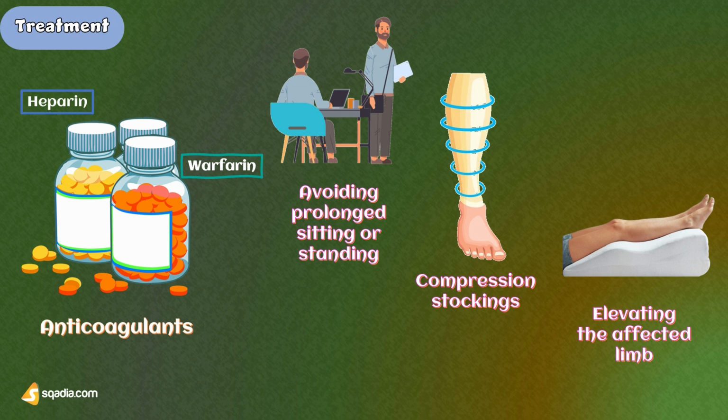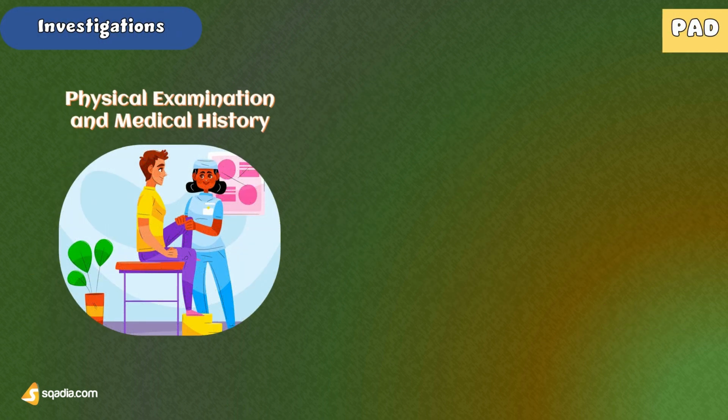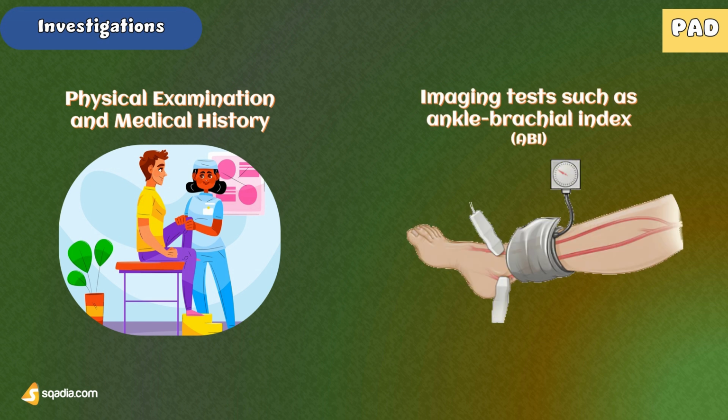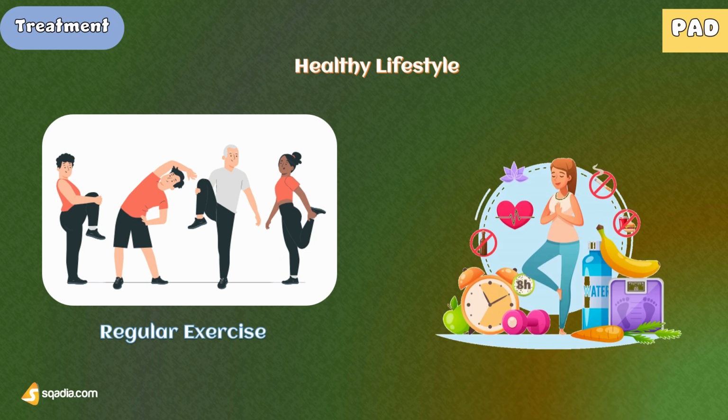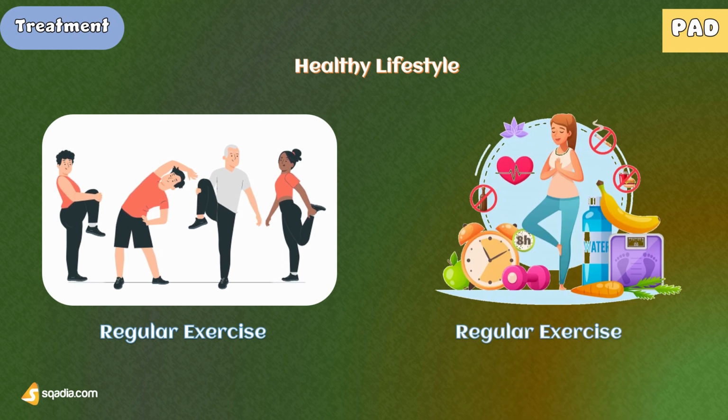On the other hand, the diagnosis of peripheral artery disease involves a physical examination, medical history, and various imaging tests such as ankle brachial index, ABI, and ultrasound. Treatment of peripheral artery disease includes lifestyle changes, such as regular exercise, healthy diet, and smoking cessation.